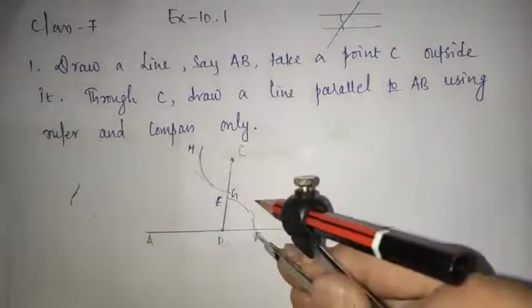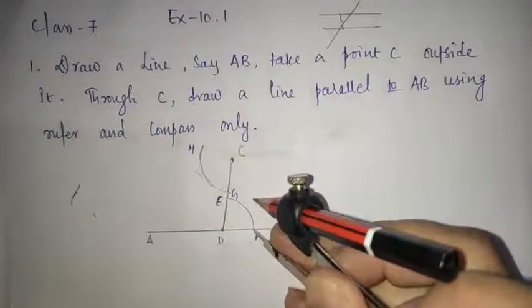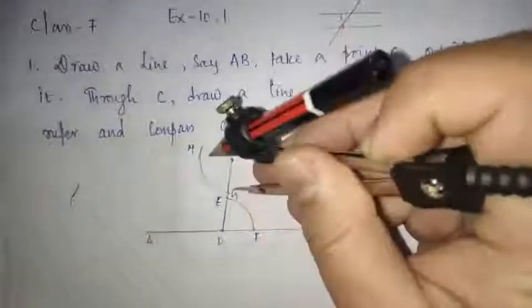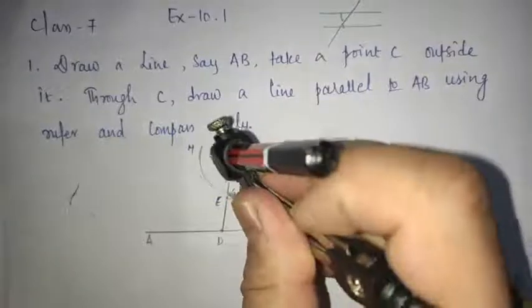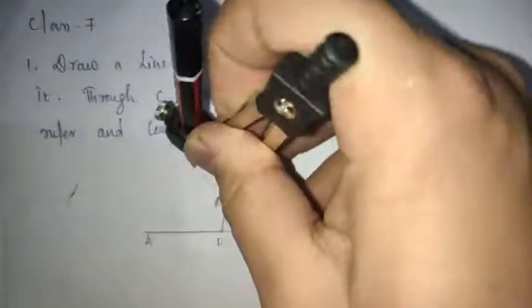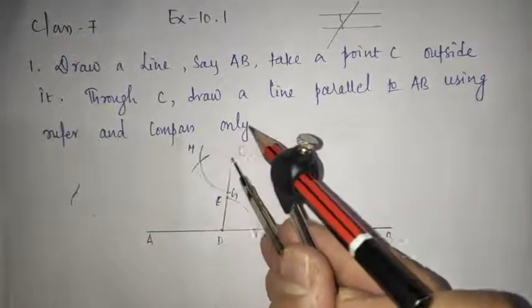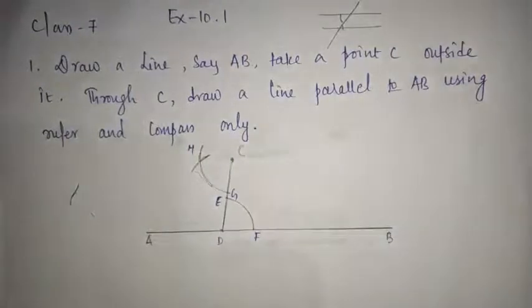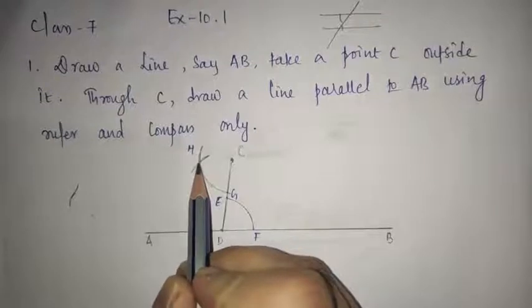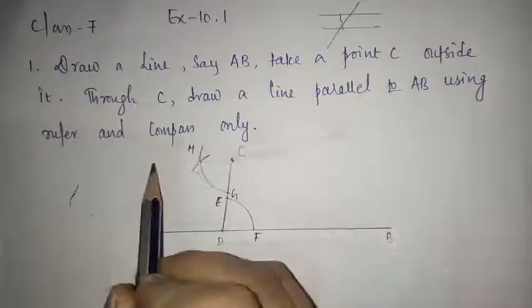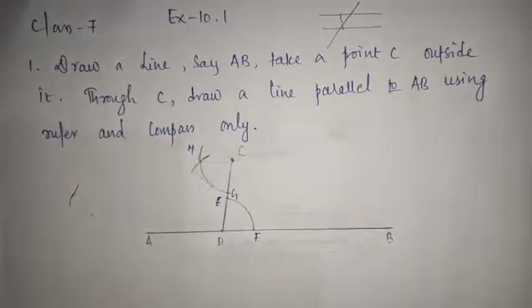Okay, now we will measure the distance between E and F. E and F we will measure it. Okay. And in between G and H we will cut one point with the measurement we took between E and F. Now this line will be connected. This arc we will name as H here. This line should be connected, which will be a parallel line.